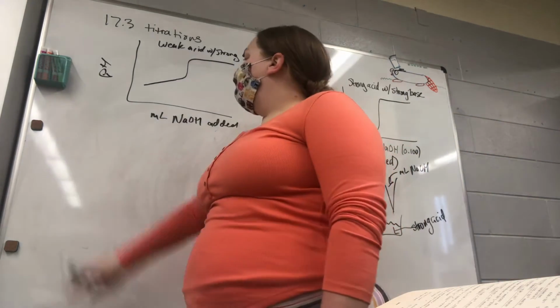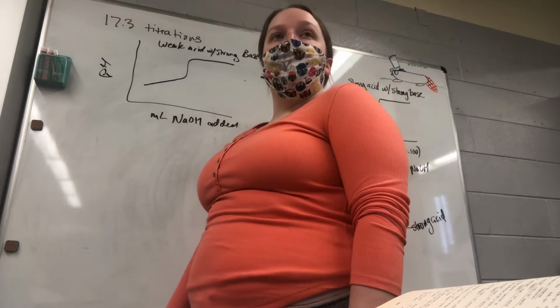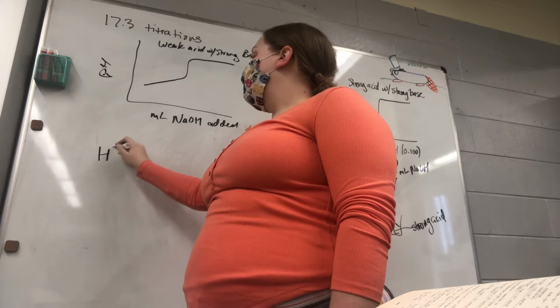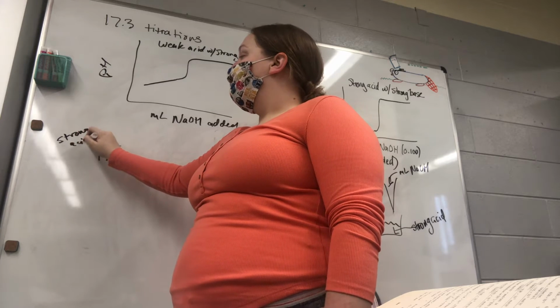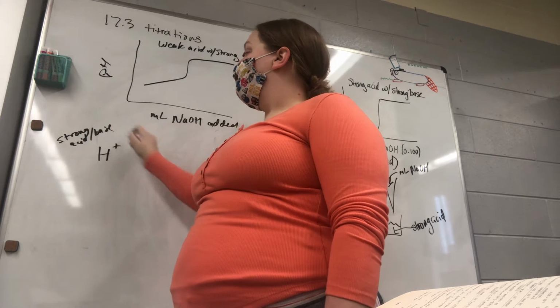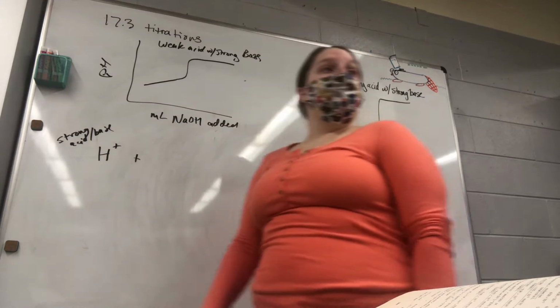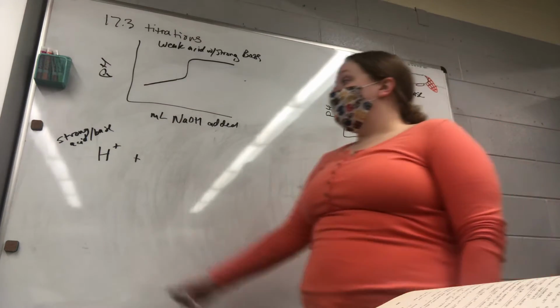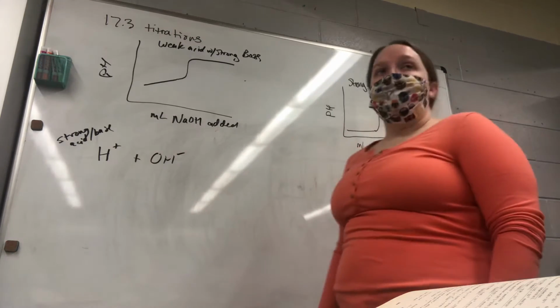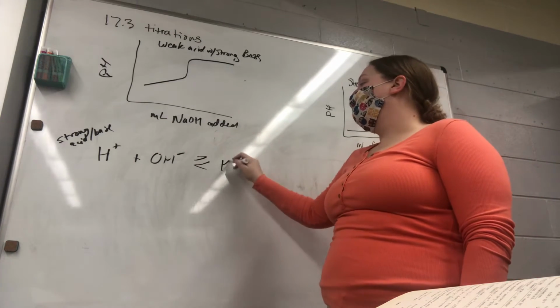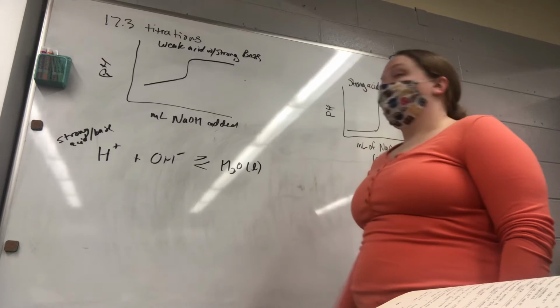Okay. So how do titrations work? Let's say we're doing strong acid, strong base first. The reaction for a strong acid, strong base is to take the proton, add it to the hydroxide, and form water.